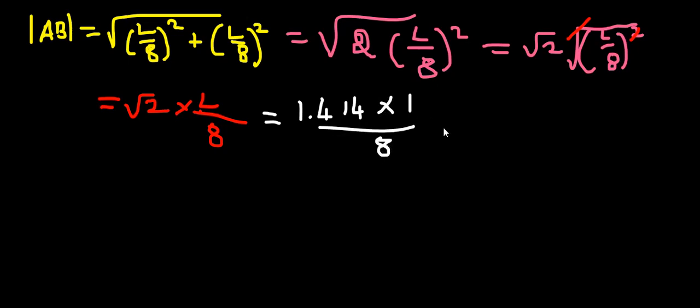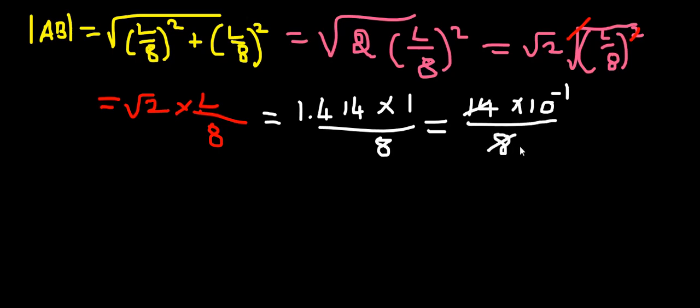So you can simplify this. 14 I will be writing as 14 into 10 power minus 1, approximately, 10 power minus 1 by 8. So approximation can be done here.